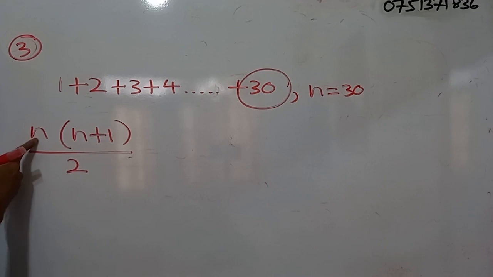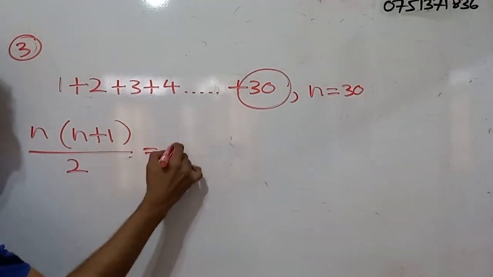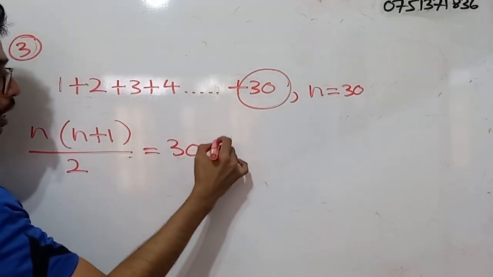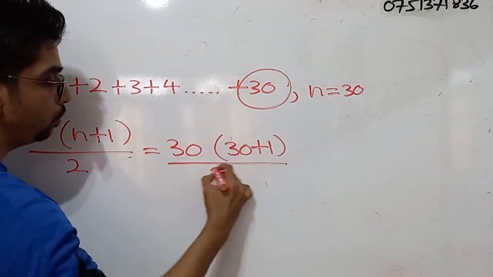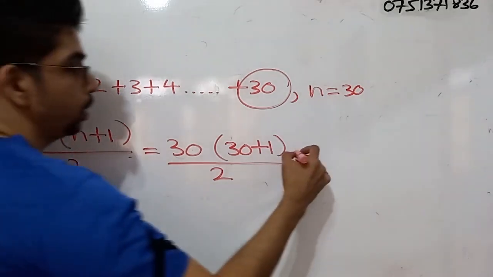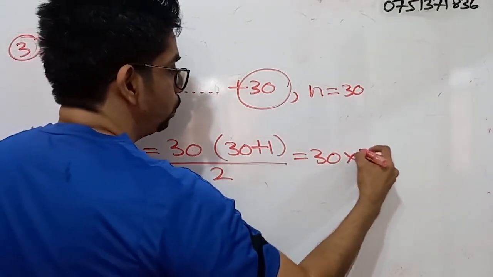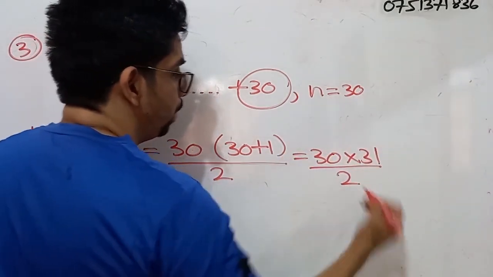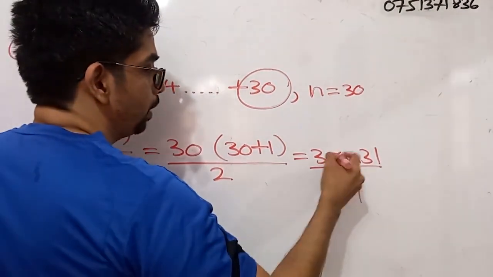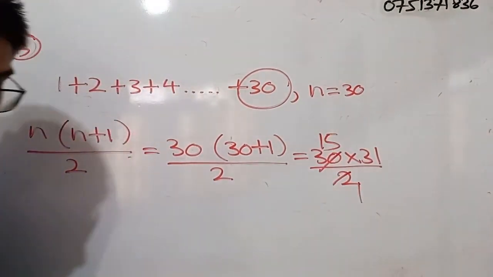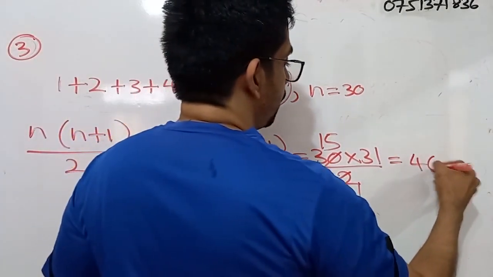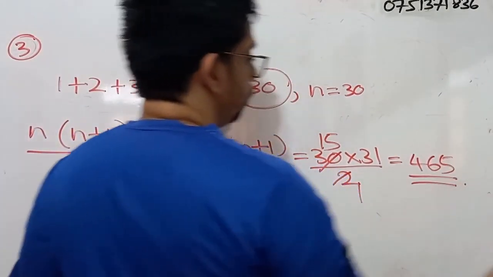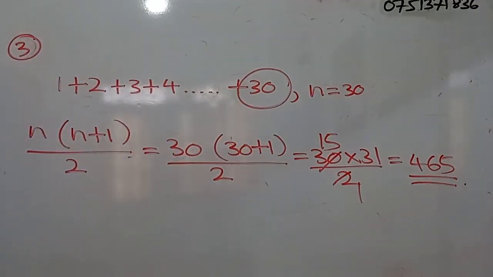So 30 into 31 divided by 2. 2 times 1 and 2 times 15. When we do the multiplication, we get 465. That is the answer for question number 3.